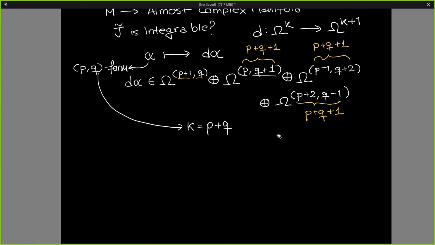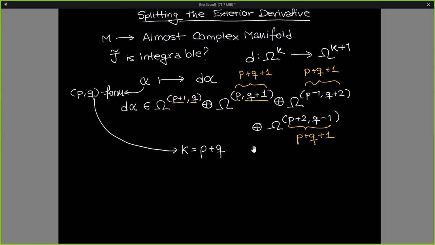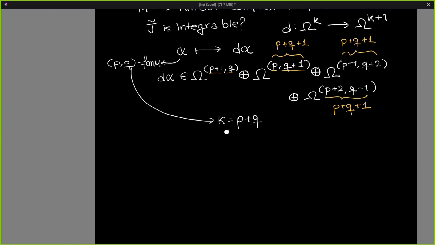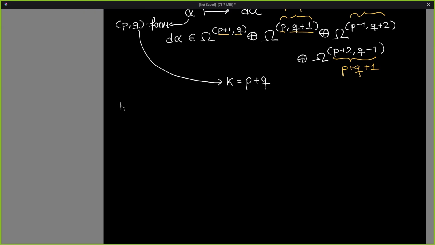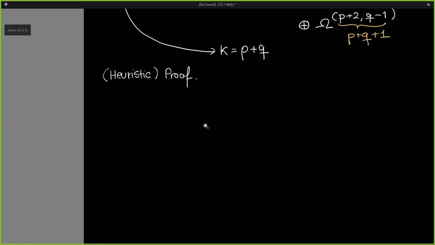So why aren't there any more terms here? And we'll get into exactly why. So this is going to be a bit of a heuristic proof, but it should get the point across.